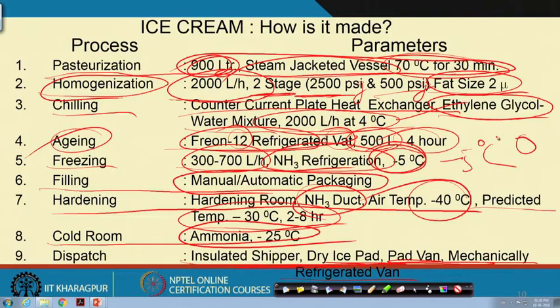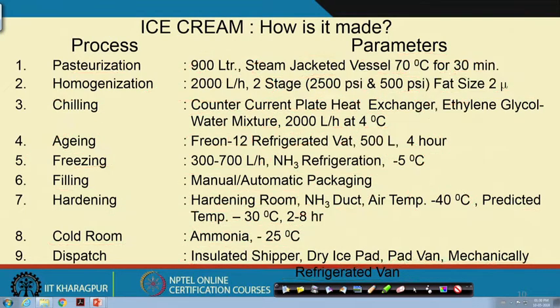In big cities, your production could be at one place and consumption could be at another place. It is so big a distance that, if it is produced here and to be consumed there, maybe in between one cold room is there.